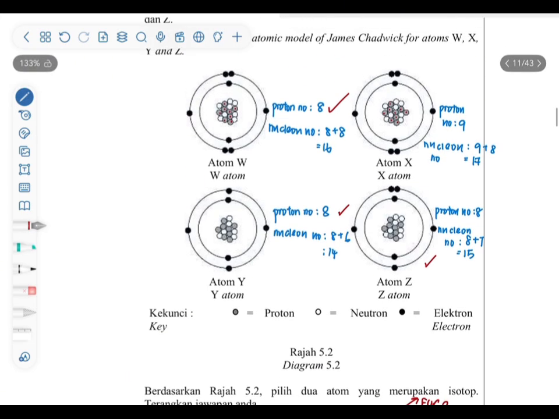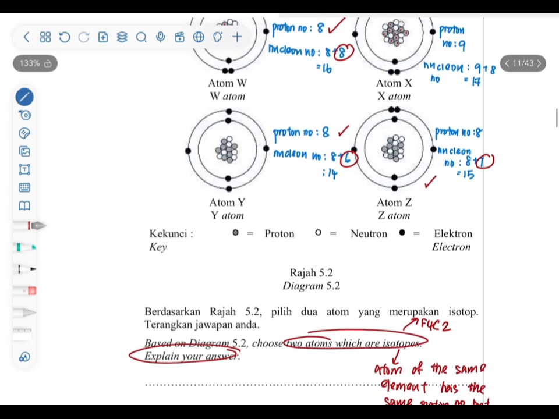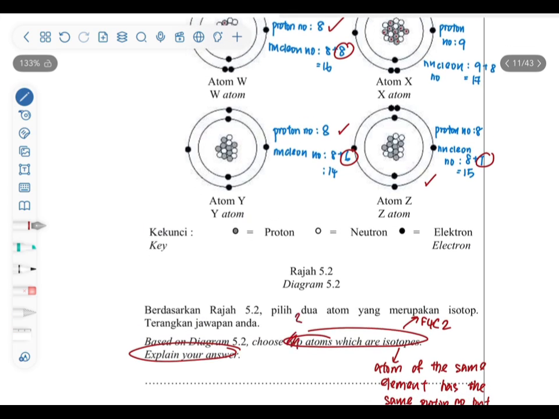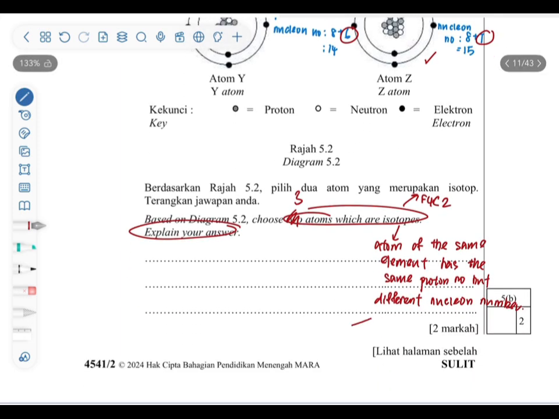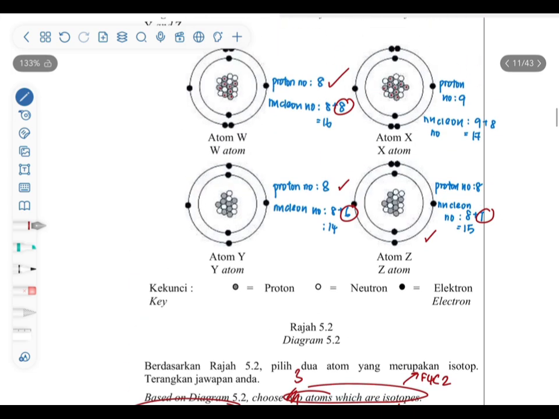But according to what I have calculated, the proton number for atoms W, Y, and Z is actually 8, and they have different numbers of neutrons: for W it is 8, for Y it is 6, and for Z it is 7. So if you want me to give the answer, there are 3 atoms, which are W, Y, and Z, because they are atoms of the same element that have the same proton number but different nucleon number.